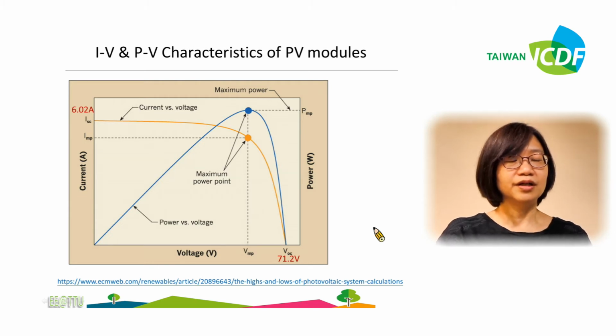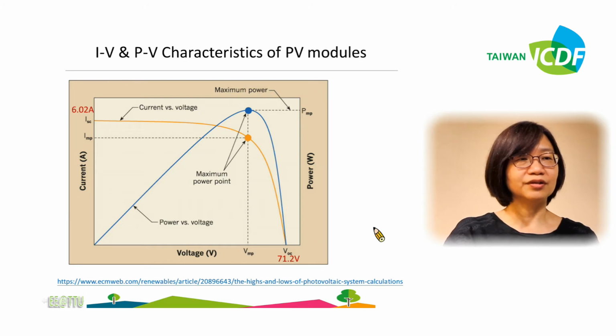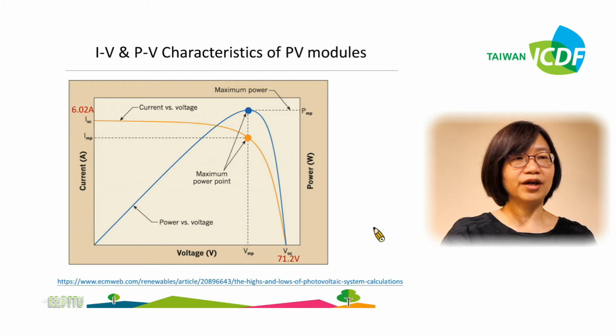The other term is called short circuit current. Since it's short circuit, the voltage is equal to 0, and the current is the highest, which is 6.02 amps.